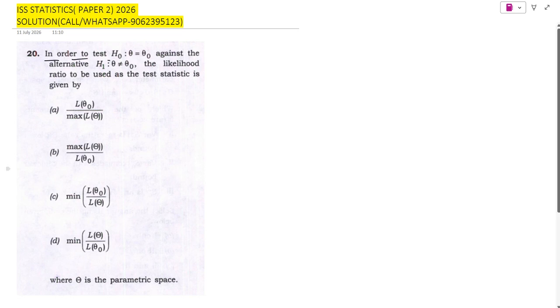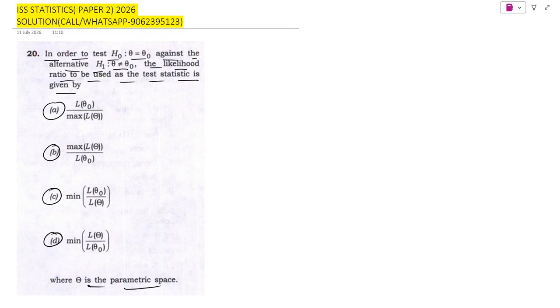In order to test H0: theta equal to theta 0 against the alternative H1: theta not equal to theta 0, the likelihood ratio to be used as the test statistic is given by, and there are four options. We have to select the correct one, and this is the parameter space. Okay, so let's do it.